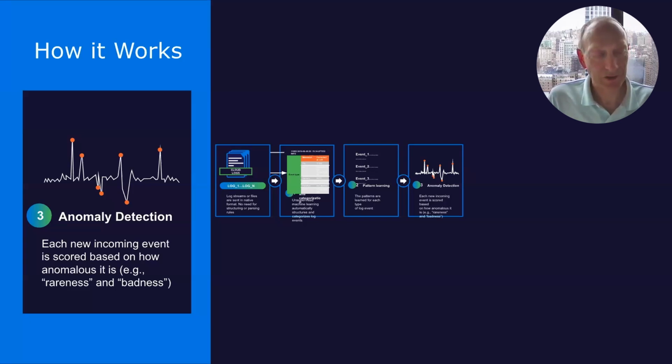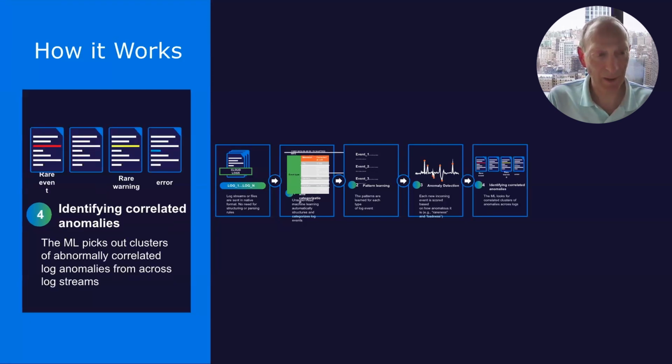And then we pick out these anomalies based on their rareness and badness, and we do it pretty well because we've categorized everything well. But that's not good enough, because if you just looked at log anomalies, you wouldn't have distilled it down to 37 log lines. You might have distilled it down to a few thousand log lines, which is too much to pass over to a human to look at. So the next pass is to look for abnormal clusters of anomalies.